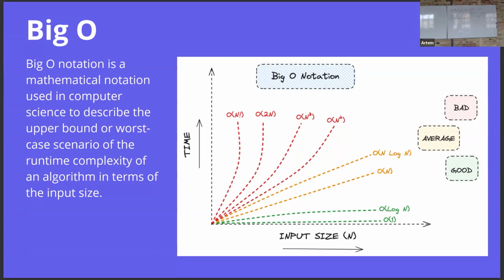So O(n) and O(n squared) are different mathematically, because O(n squared) is a parabola and O(n) is a linear function.